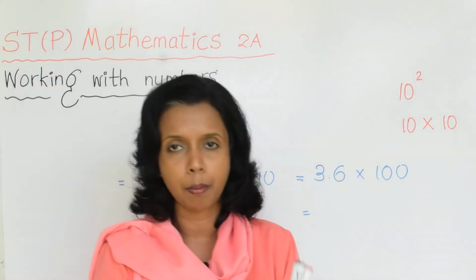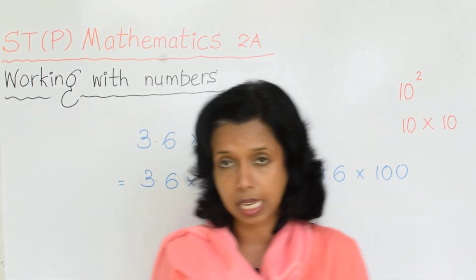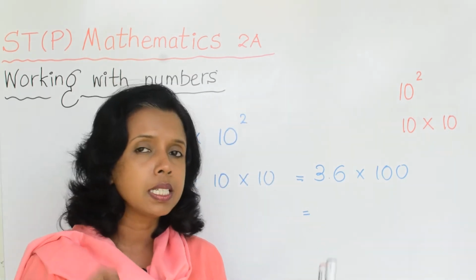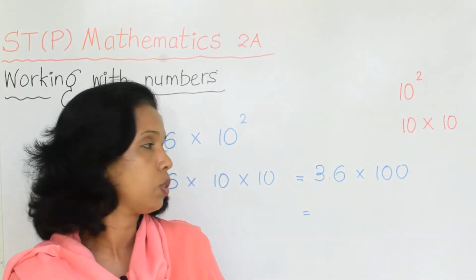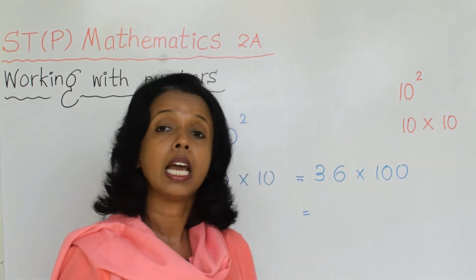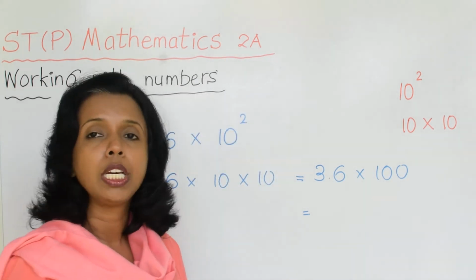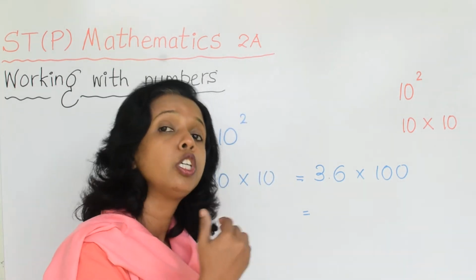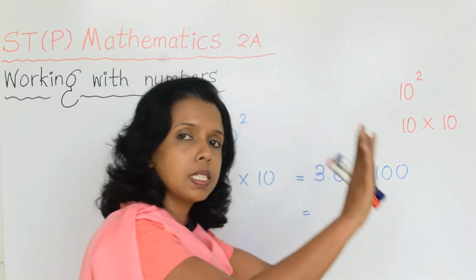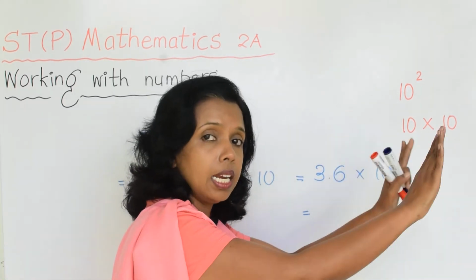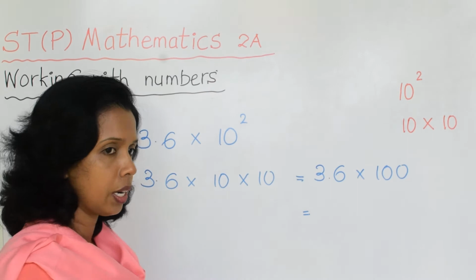You want to jump, right? How many steps? It is decided by the number of zeros you have. Here it is 100, that means 2 zeros. That means you want to move the decimal point 2 steps to this side, if it is a multiplication, right?